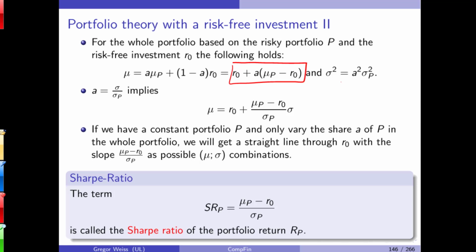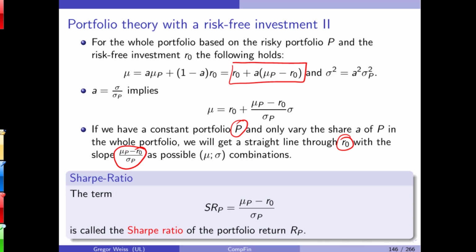So if we have a constant portfolio P, and we only vary the share A of the portfolio in our investment, we will get a straight line through R0 with this as the slope. And this is what we call the Sharpe ratio.